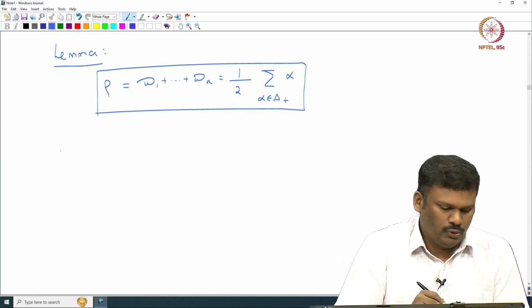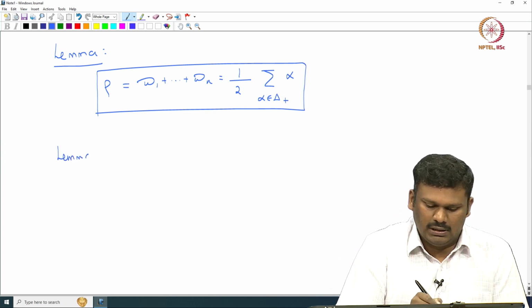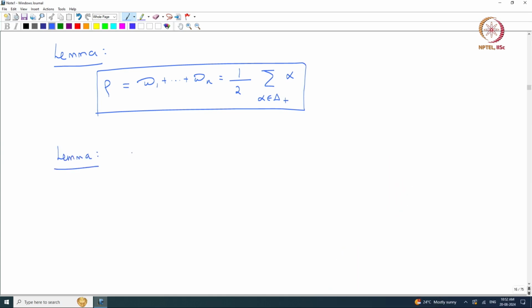To prove this, we need the following additional lemma, which is indeed a small exercise. For i from 1 to n, we have s i of delta plus minus alpha i is exactly delta plus minus alpha i, and s i of alpha i is minus alpha i.